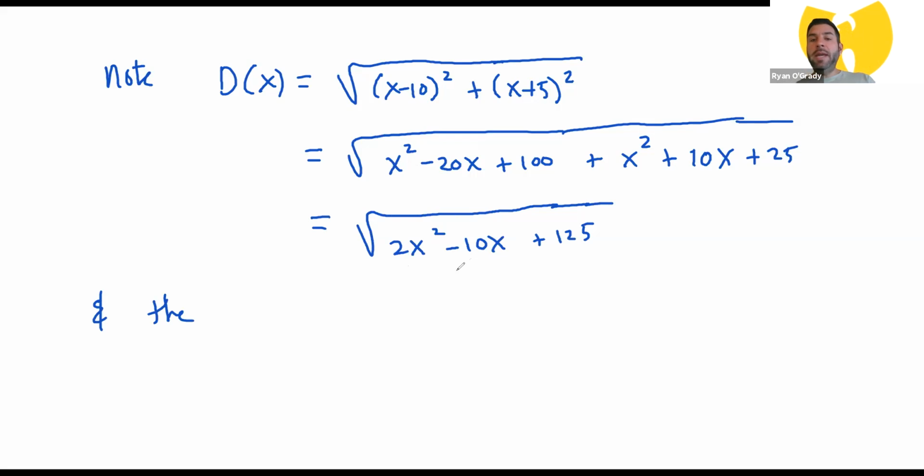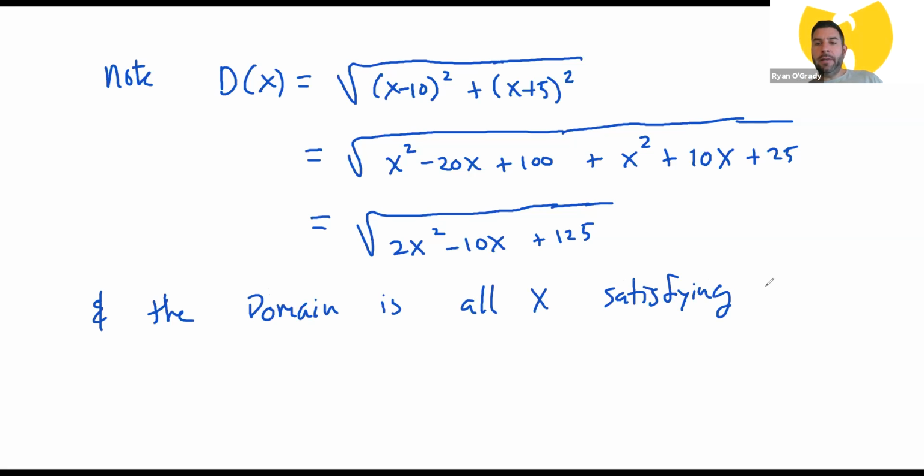So there is a domain here that we're restricted to. So what is the domain? Well, the domain is all x satisfying that 2x squared minus 10x plus 125 is greater than or equal to 0.